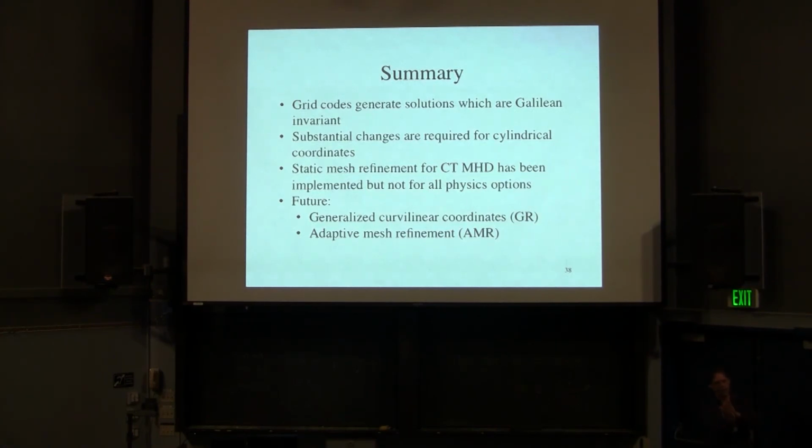There'll be very, very tiny pie wedges, and therefore the CFL condition for the transverse direction will be extremely tight. And so if you have a uniform mesh in cylindrical coordinates, the origin can be very, very restrictive in terms of the time step on the overall calculation. So if you can avoid r equals 0, you really want to. But if you really need to do r equals 0, you can do it.